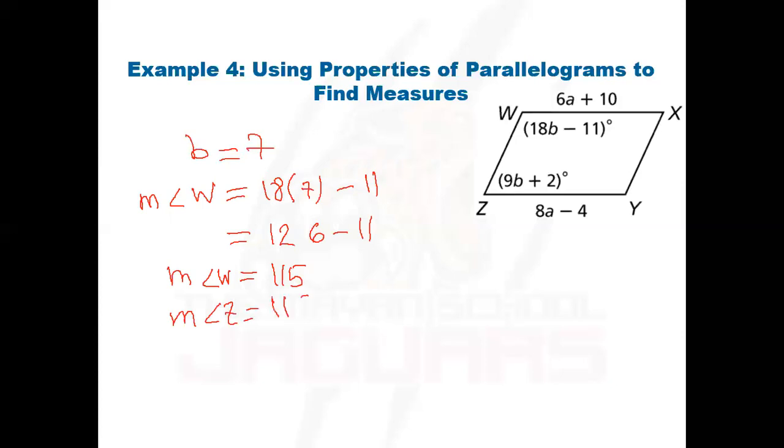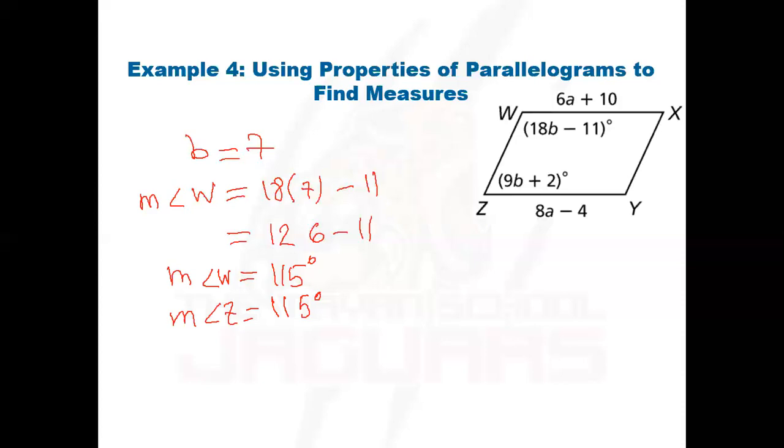So either you take it for granted that it is congruent with the other one, or you can replace it into 9b plus 2. Sorry, I'm saying something wrong. They are not congruent, they're supplementary.